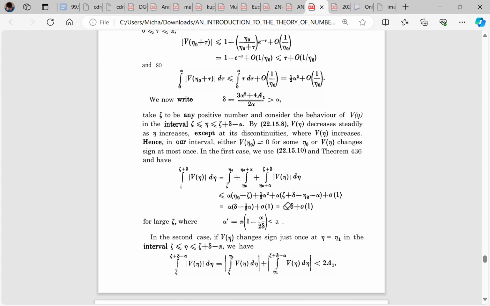Okay. Yeah, so I guess the little o of 1 can be a bit confusing, because how does that come out of the integral?